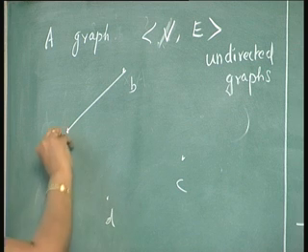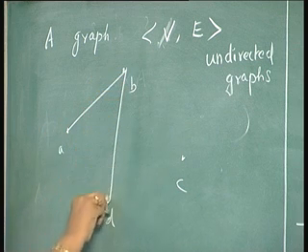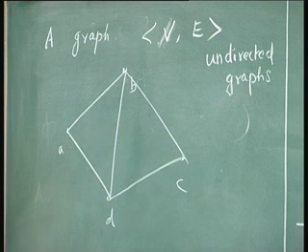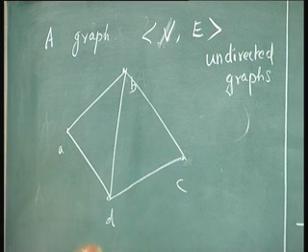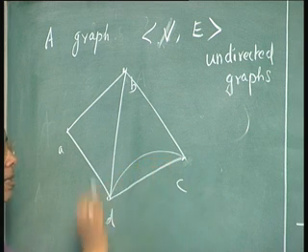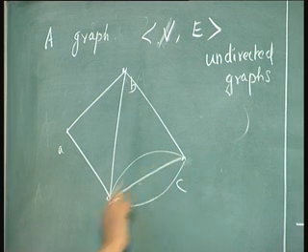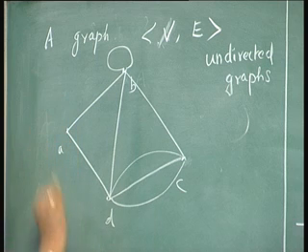So, a graph can be represented something like this. This is a graph. You may also have something like this. You may have multiple edges between C and D. You may have self loops like this.